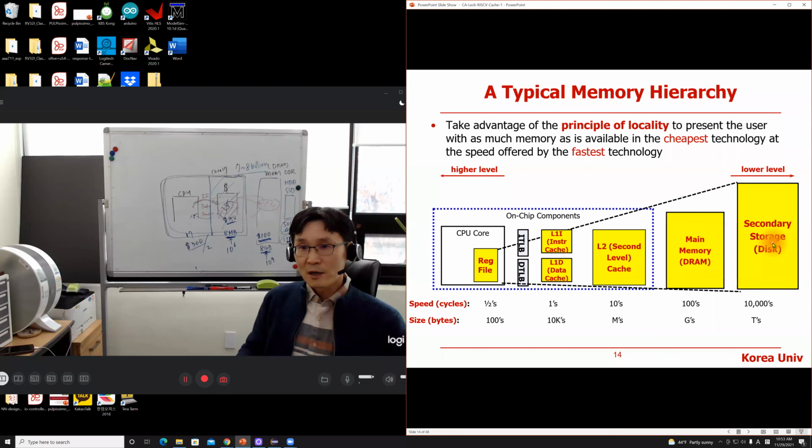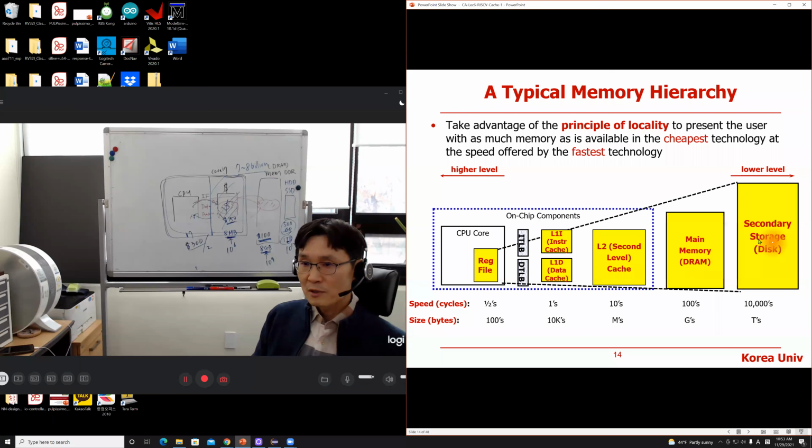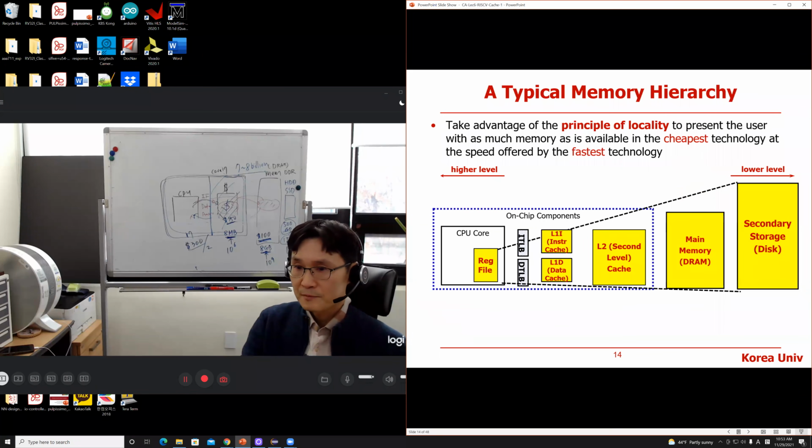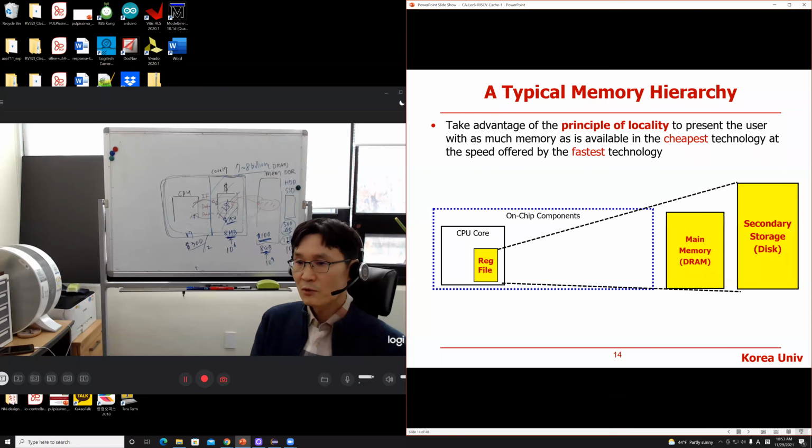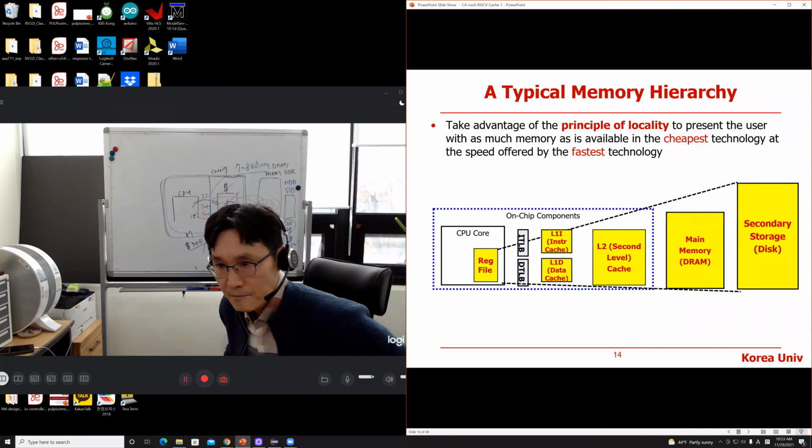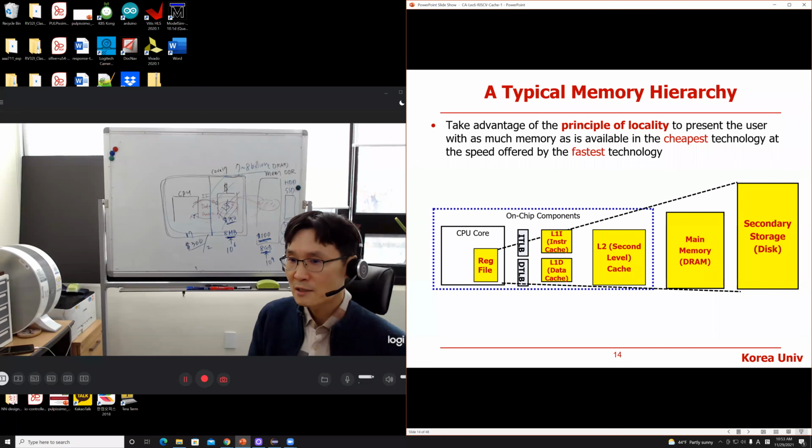So what do you want to achieve by employing this memory hierarchy? Even though you have this very big but very slow memory, main memory, by placing this cache I want to give you a very pleasant illusion. What is the illusion?